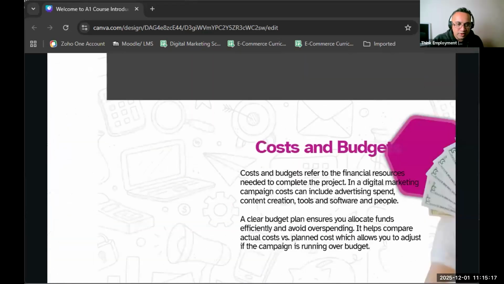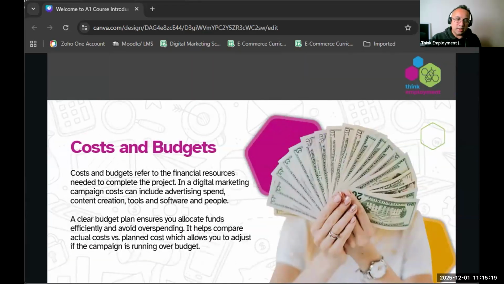Okay, so the first one is cost and budgets. So cost and budgets refer to the financial resources needed to complete the project. In digital marketing campaigns, costs can include advertising spend, content creation, tools and software and people. Okay, so if you're starting off, you may not want to do too many ads.